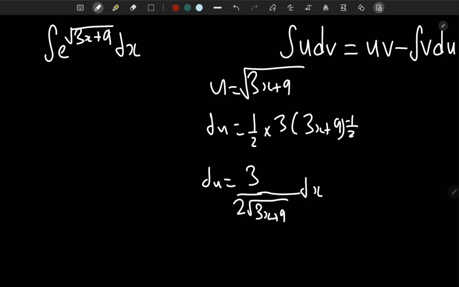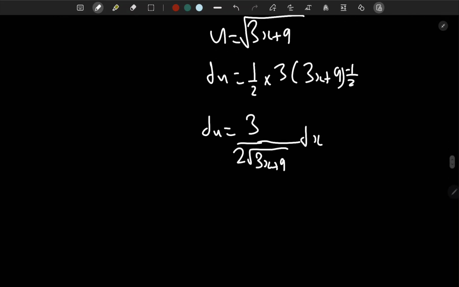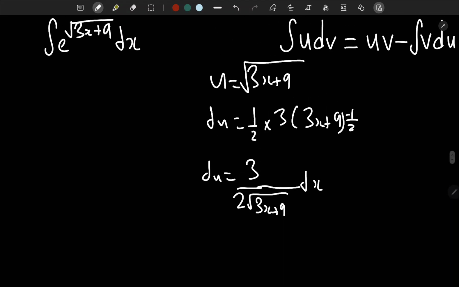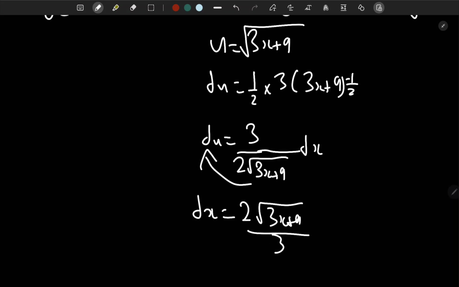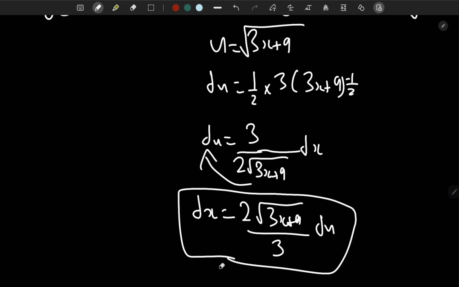Now let's rewrite it again in terms of dx, because we need to replace dx here. So dx is going to be equal to, we bring this over there, so it becomes 2 radical 3x plus 9 over 3 du. So now we are ready to substitute dx.